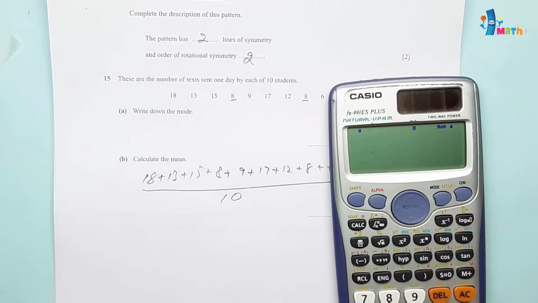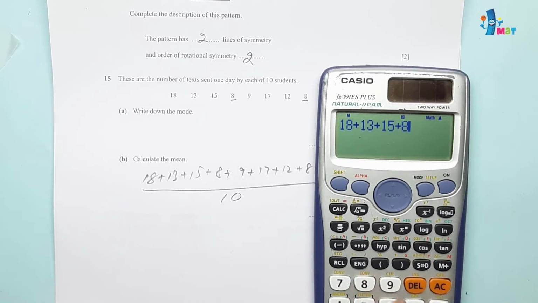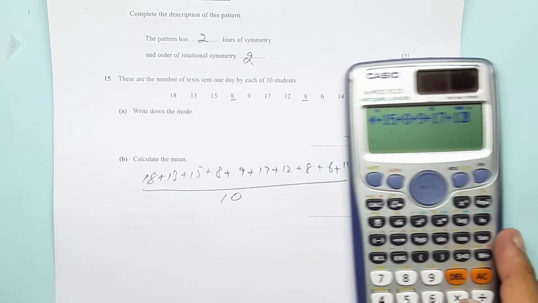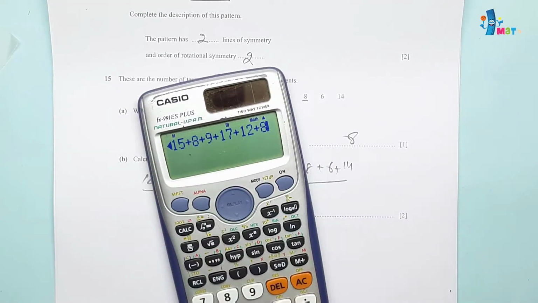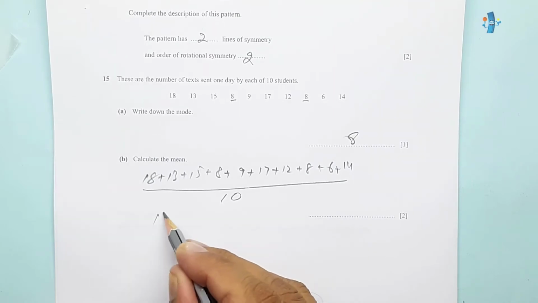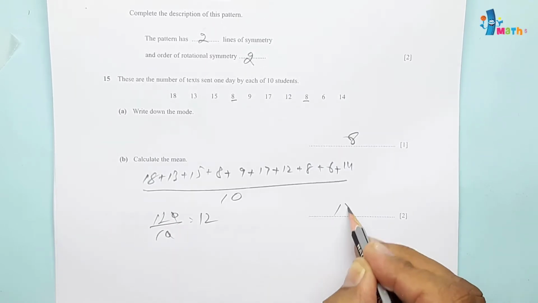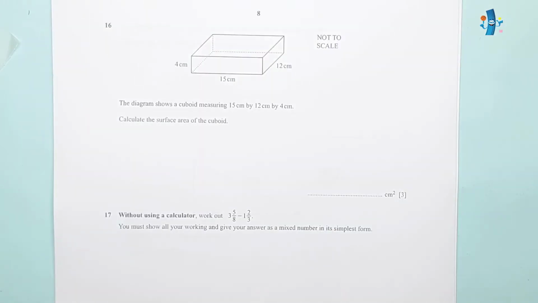This sum is equal to 120. So 120 divided by 10, the 0 will be cancelled, so the answer will be 12. So the mean will be 12. Question number 16.